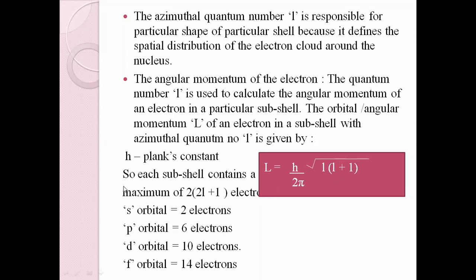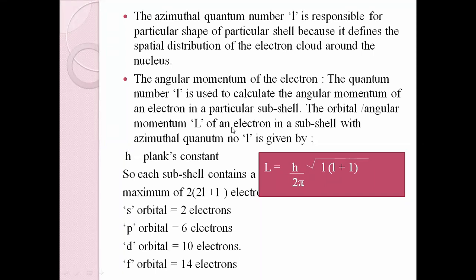Now it says that each subshell consists of 2 into 2l plus 1 electrons. Okay, from here we get these actual values. So we have to simply substitute the value of l in this formula. For s orbital, I had told you l is equal to 0 for s subshell.